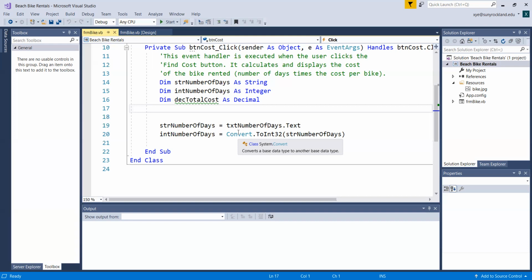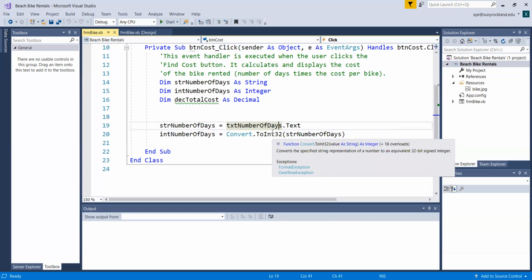Think about characters A, B, C, D, F, G, or digits, right? You really cannot handle multiplication or addition. So you have to convert strings to integers. Whatever we type inside this text box will be a string type. As you can see, we assign to this string variable str number of days equal to the text box. The txt is a prefix of text box, txtNumberOfDays dot text property.